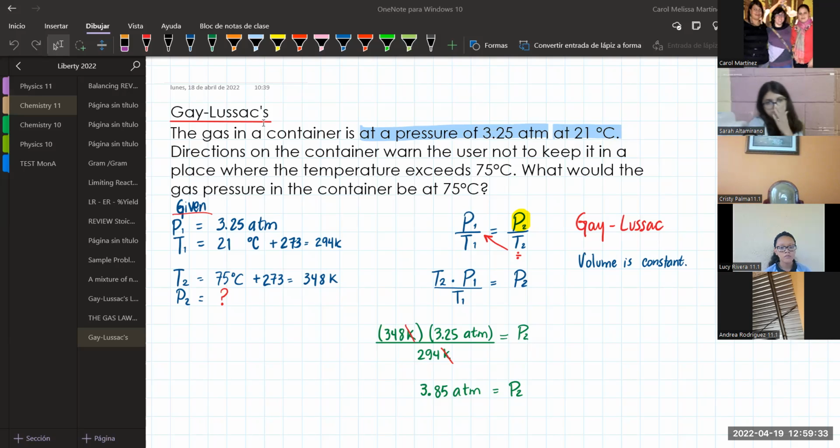So let's analyze if it makes sense. At a lower temperature of 21 Celsius, we had a lower pressure. And at a temperature of 75 degrees, I expect to have a greater pressure. And that's exactly what happened here. So we analyze our answer and we say, okay, it makes sense.